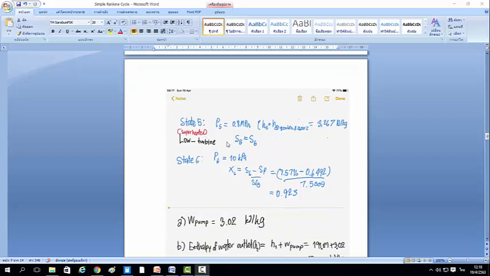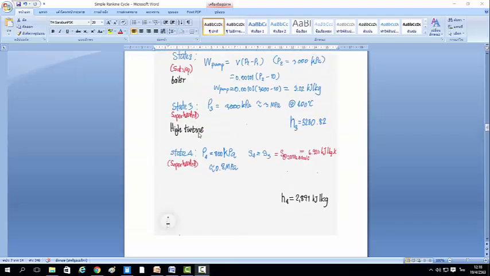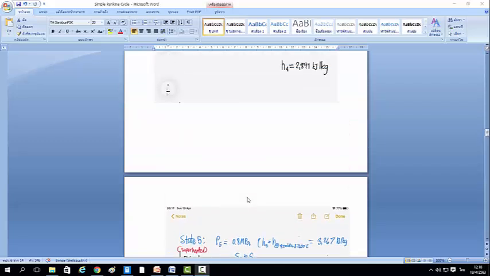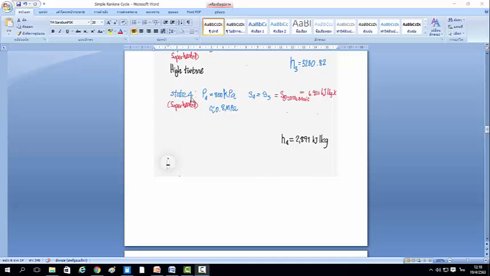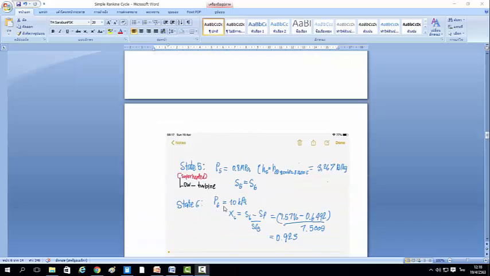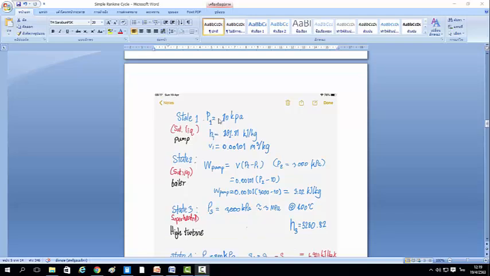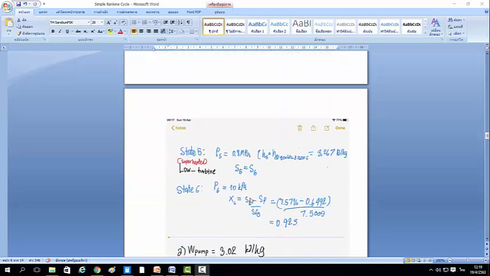State 5 is a superheated state and is considered at the low pressure turbine, but state 3 is at the high pressure turbine. The pressure in state 5 is the same as in state 4, and state 6 goes back to the pressure of state 1, which is 10 kilopascal.